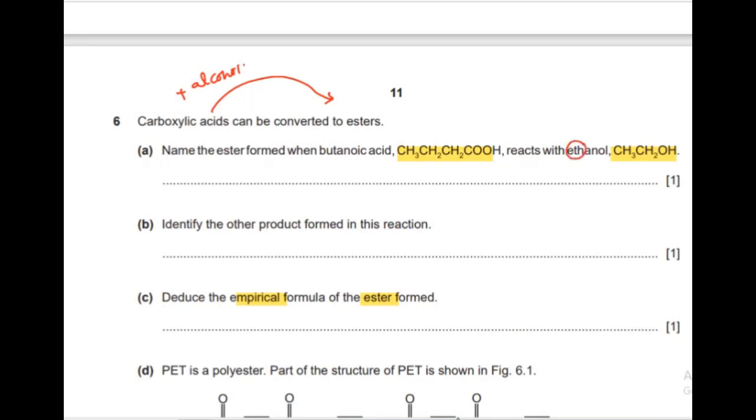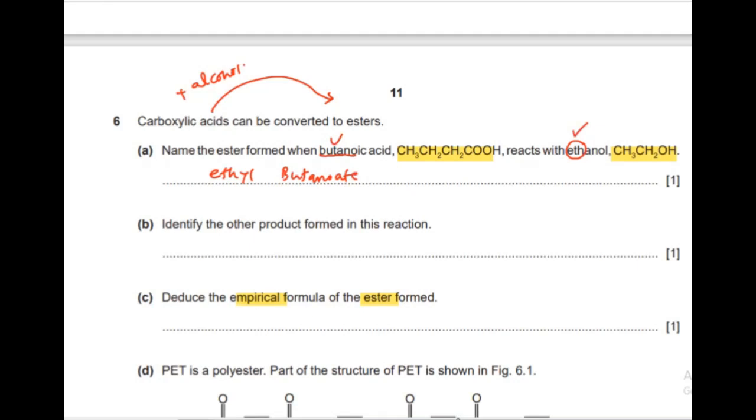Just pick the code letter for the alcohol as an alkyl, which is eth, make it ethyl. And pick the code letter for the acid, which is butan, and add the suffix -oate. So this is ethyl butanoate.